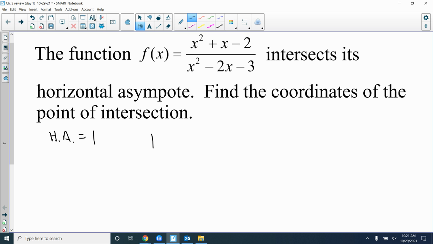And so you got 1 equals x squared plus x minus 2 over x squared minus 2x minus 3. Now here, if you did factor, you probably want to multiply them back together, or just go with the original one. So just solve this one, multiply both sides by that denominator.